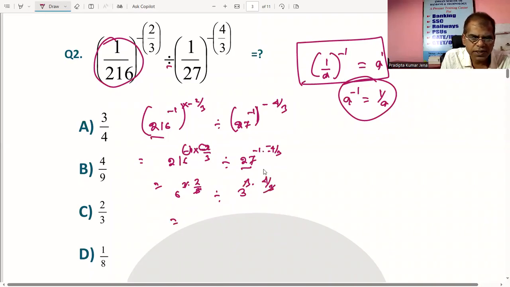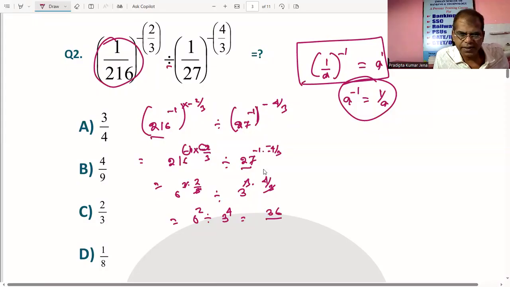Now 6 to the power 2 divided by 3 to the power 4 is 36 divided by 81. Cancelling by 9, we get 4/9. This is the answer.